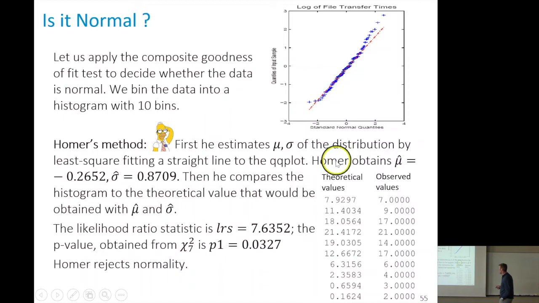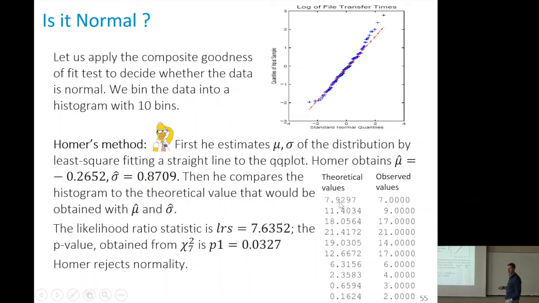So we do a histogram with the values we have here. We bin whatever MATLAB has decided to bin for us. We find those values, which of course are integers: the number of points that fall in each of the bins. And then I compare the theoretical values I would obtain if I take mu and sigma, those values.